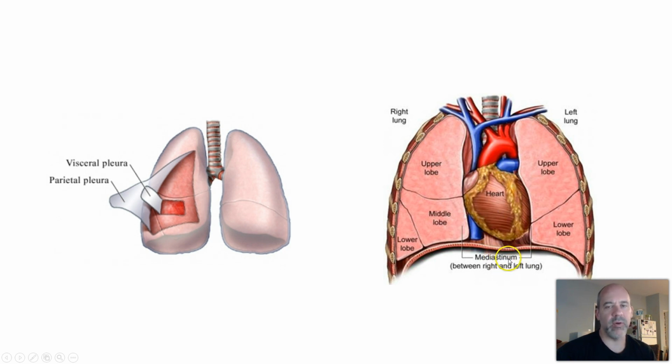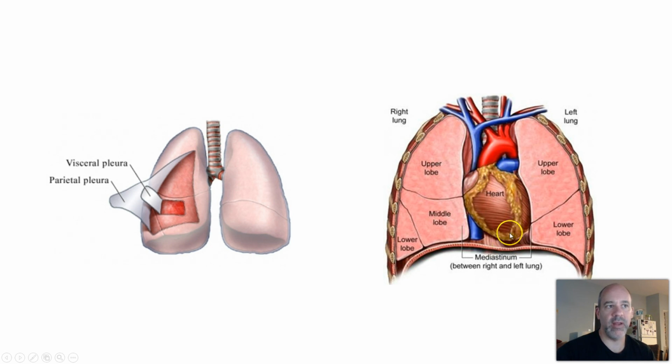And stinum is referring to the sternum, because the heart and all these blood vessels and the trachea, and where the trachea branches into the two primary bronchi, all of that is sitting behind and protected by the sternum. So stinum comes from sternum. So all of this is the mediastinum.